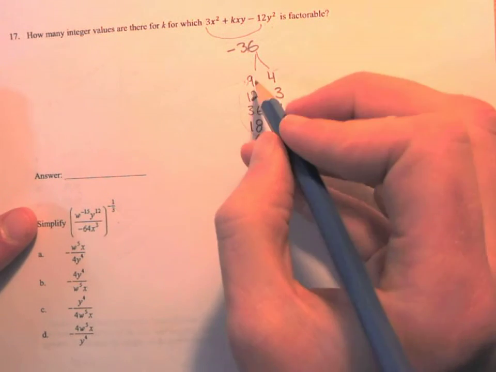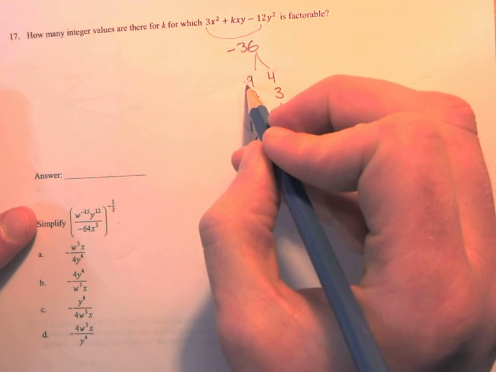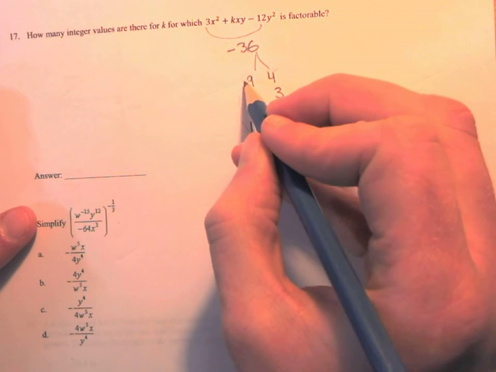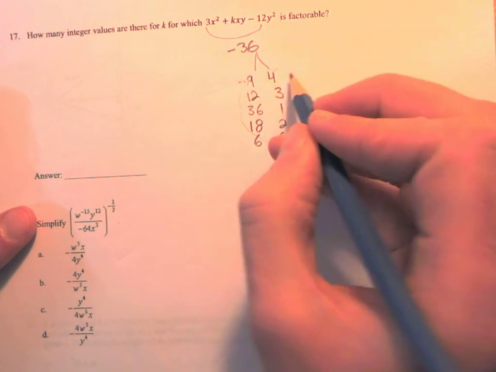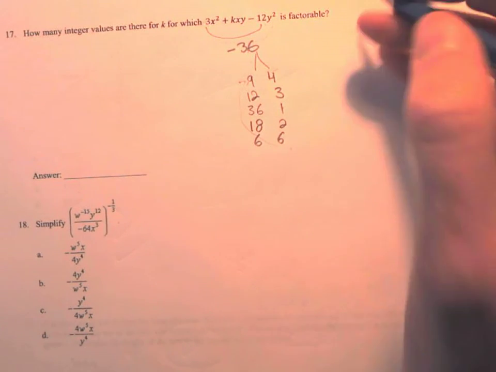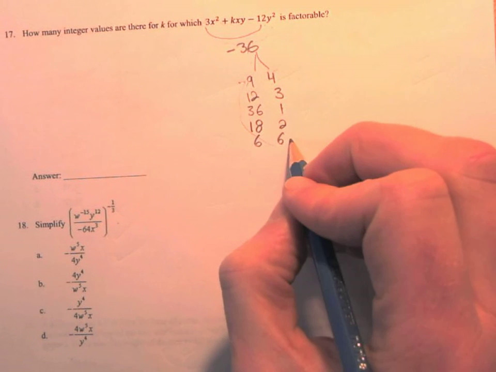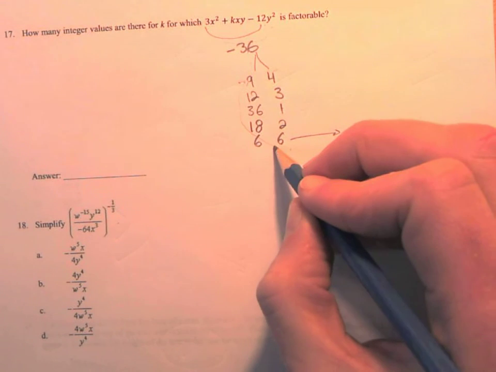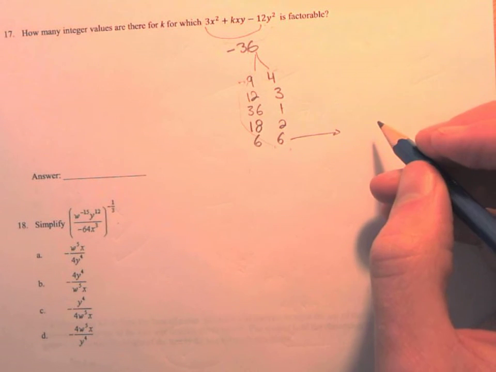So now we can have one negative, or both positive, or any of those versions. So here we can go 6 plus 6, 6 minus 6, and those are the options.